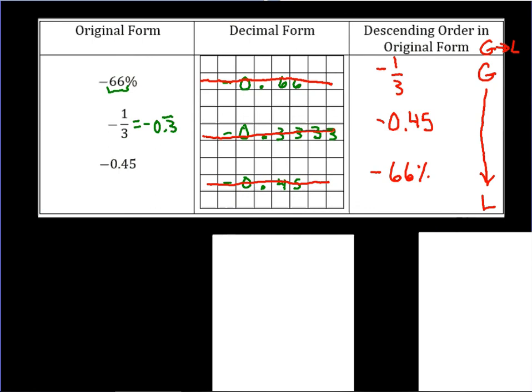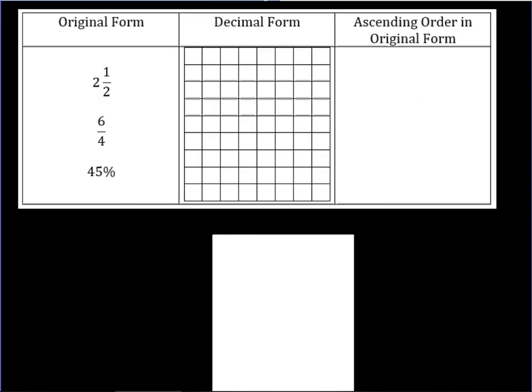All right, last one on this one, and then we can be done. So I have those numbers in original form. And then we say, in ascending order. So I'm now going to be going up that staircase, least to greatest. So let's have those decimals first. I have decimal, decimal, and decimal. Now let's put these in.